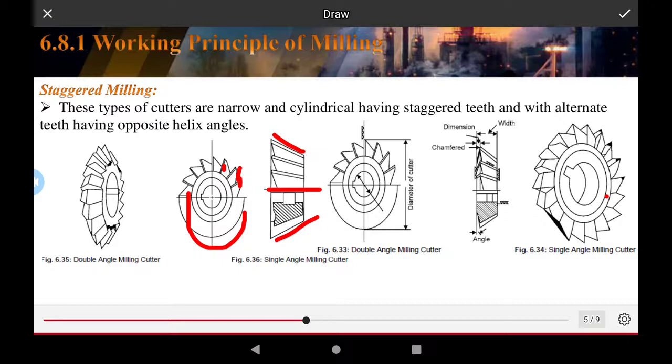The single angle cutting tool is used on the machines, and this is a double angle milling cutter, with one angle on the tool and another on the rotary diameter of the cutter.